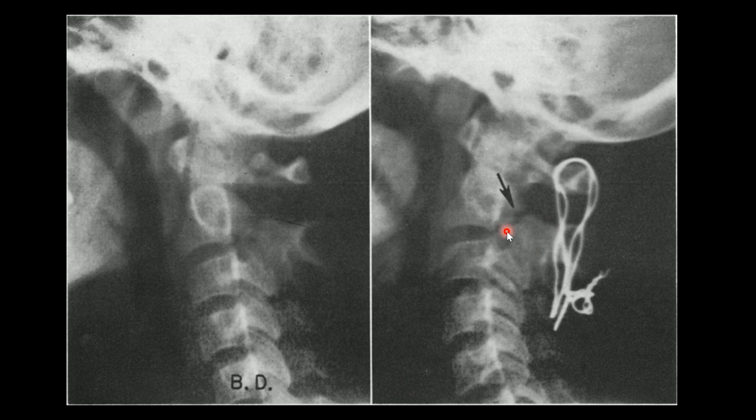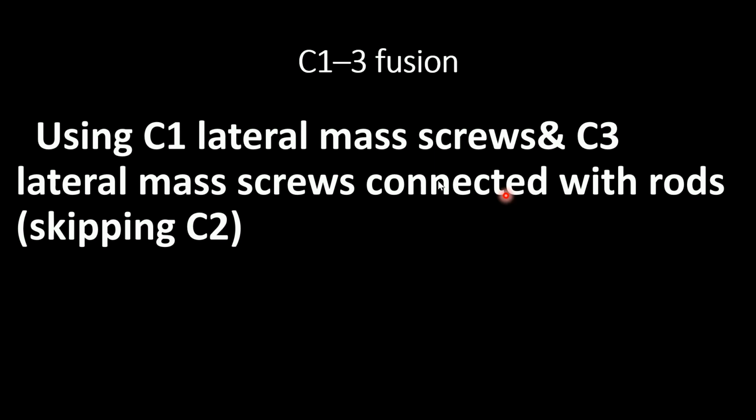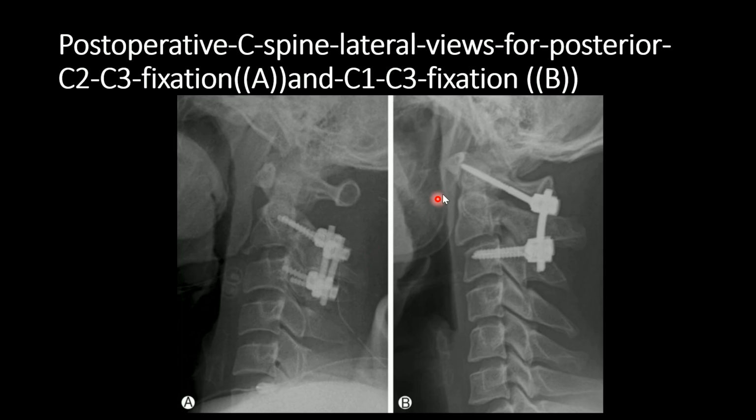Here is the sample of wiring in Hangman's fracture. Here is the Hangman's fracture, and here is the wiring. C1-3 fusion using lateral mass screws connected with rods, and here we can see C1-3 bypassing C2.